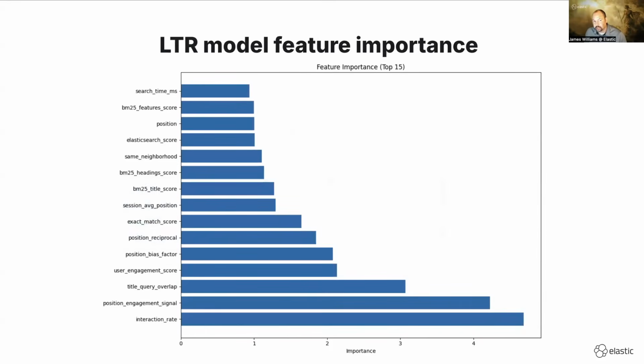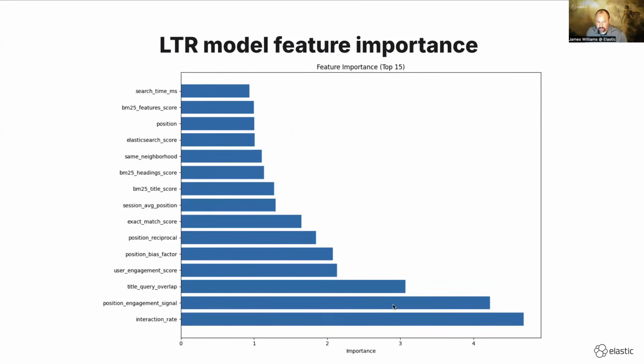Now, when you look at the LTR model under the hood and you look at the features, there are more features than what's displayed here, but these are the top 15. The interaction rate, which properties are users actually interacting with, that has the highest weighting. What position in the search was that property that was interacted with?